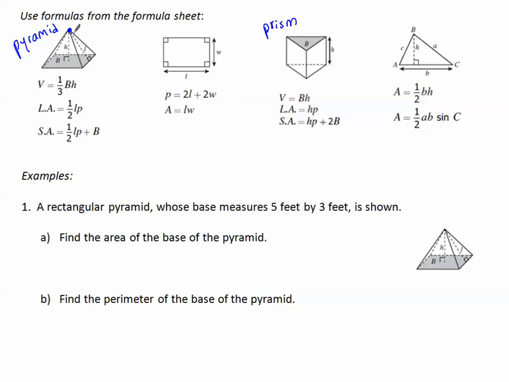Notice a prism doesn't come to one point, and when I mean come to a point, I mean you have a base that is some shape, like this rectangular pyramid, and then all of the vertices of the base connect up to the top at one vertex, one point. Versus a prism, you have 2 bases. See this capital B for base, rather area of base, but you have 2 bases.